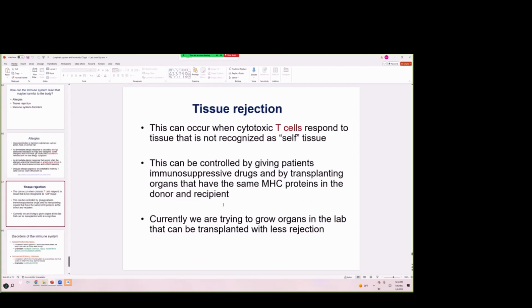So you can see cytotoxic cells, for some weird reason, the T cells that are supposed to have learned the characteristics of our tissues, the surface proteins and carbohydrates that are on our own cells and tissues, for some reason they lose that knowledge and they start attacking our own cells as if they were foreign.